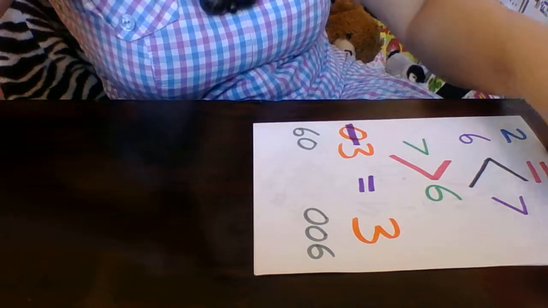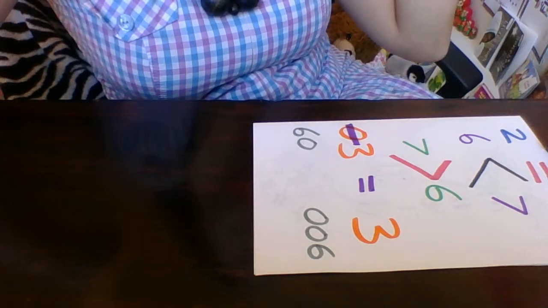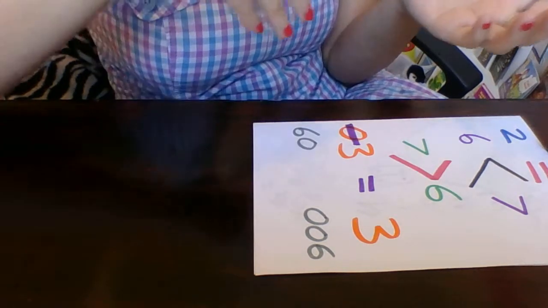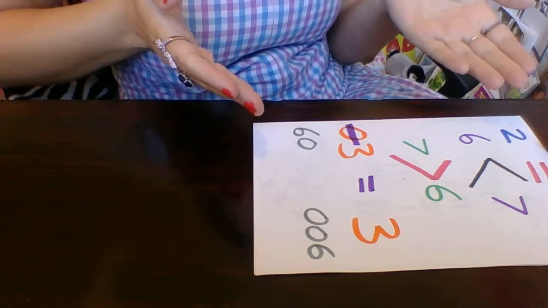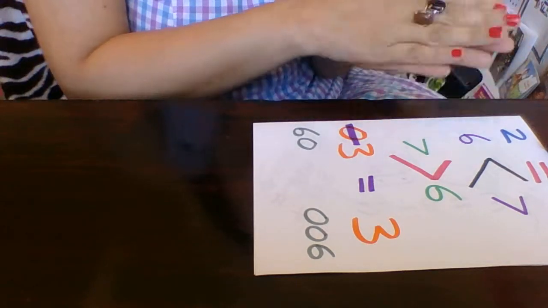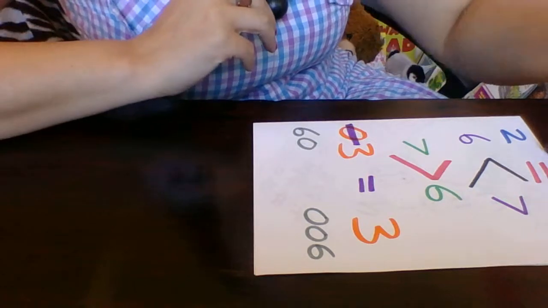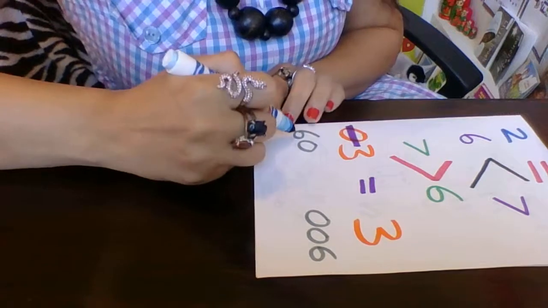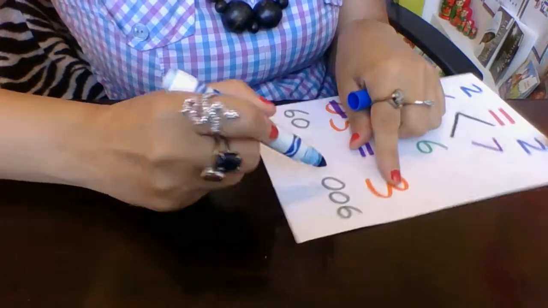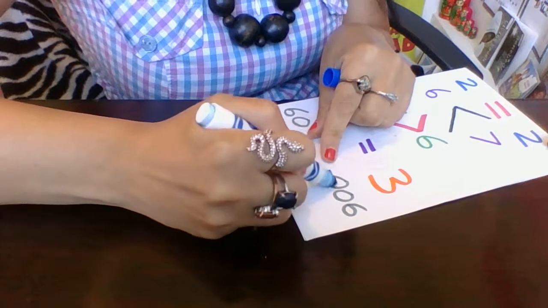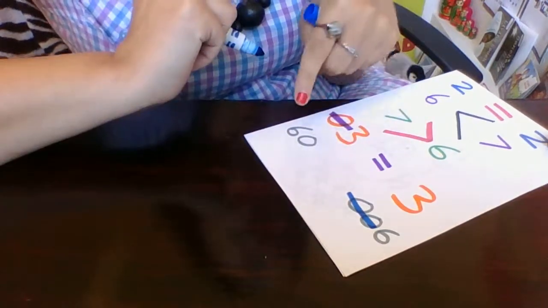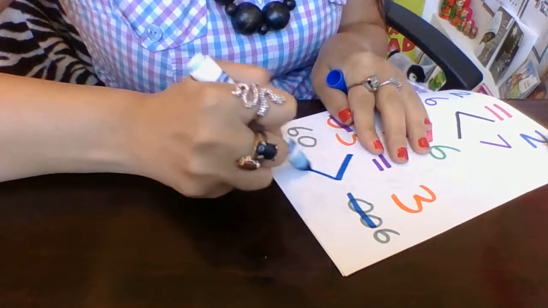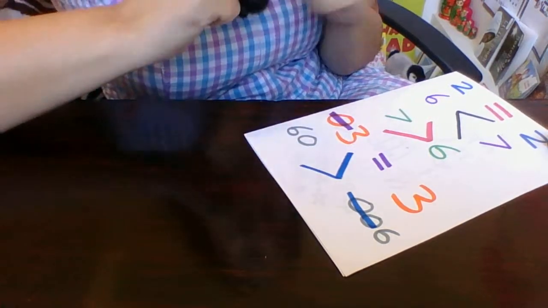Which one is less than? Again, it doesn't matter if my teacher is asking me for less than or greater than or equal to, because I know that whatever number is bigger, the alligator mouth is going to be open eating the bigger number, the bigger meal. So 60, that's 60. 006, oh, those zeros aren't even there. So really, it's 60 versus 6. 60 is the bigger number. My alligator mouth is going to open up that way.